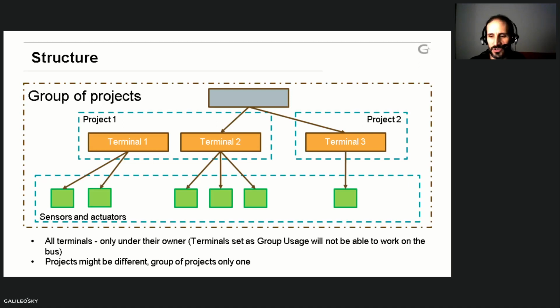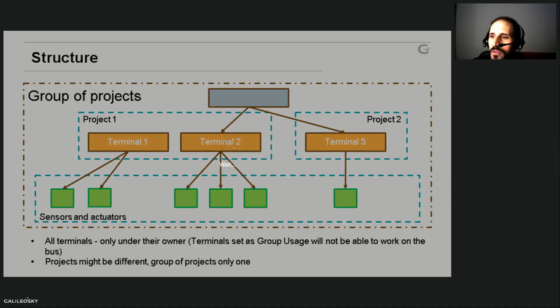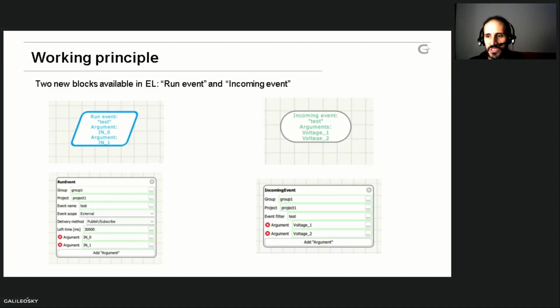That's about the structure. Let's continue. The working principle. It's which blocks we add to the EasyLogic algorithms. We have 2 new blocks. One is called run event.